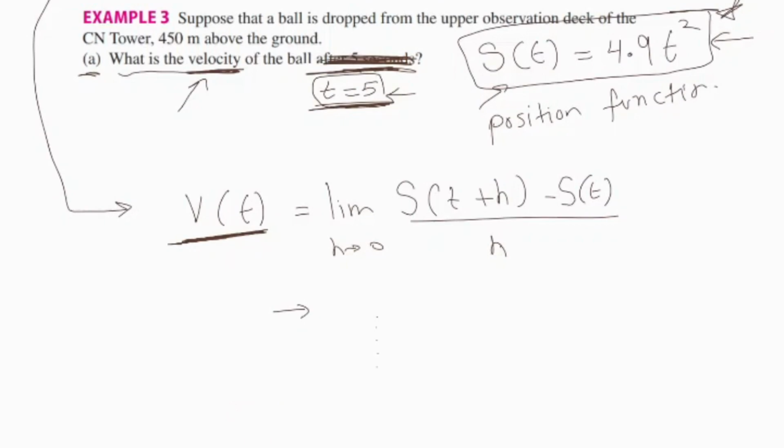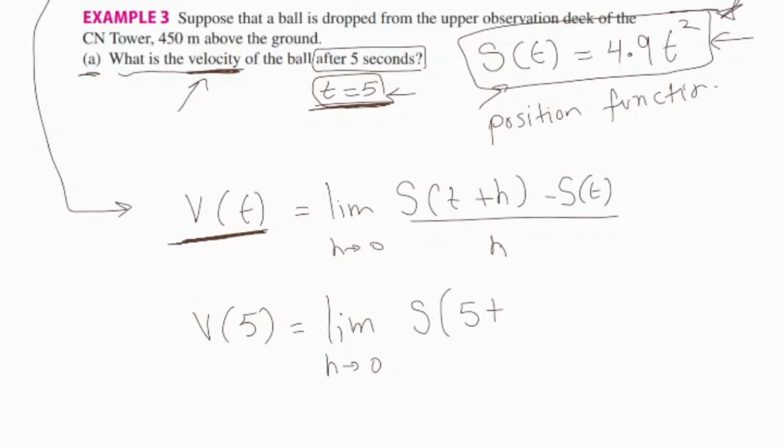But since the question requires us to find the velocity at exactly t equal to 5, I'm going to substitute t with 5. So v at 5 will be equal to the limit when h goes to 0 of s of 5 plus h minus s of 5, over h.